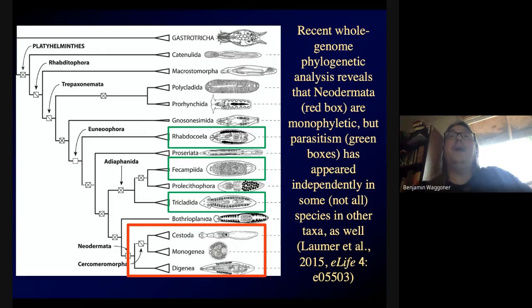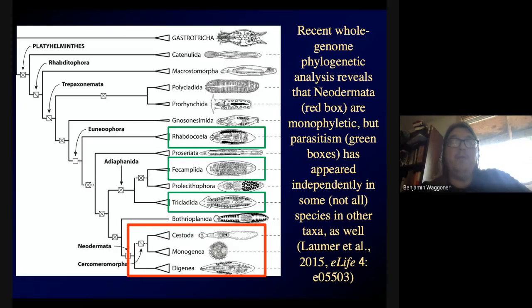Above that, you have other groups of platyhelminths, including a number I didn't even talk about. I mentioned I was not going to require you to know most of those. But the three that are outlined in green have at least some parasitic members. So there's at least three groups of free-living flatworm that have some members that have turned to a life of parasitism.